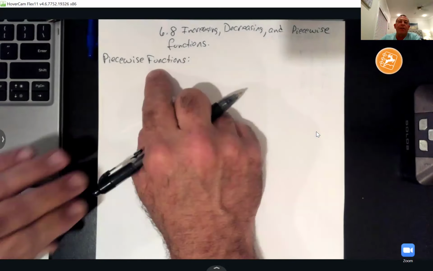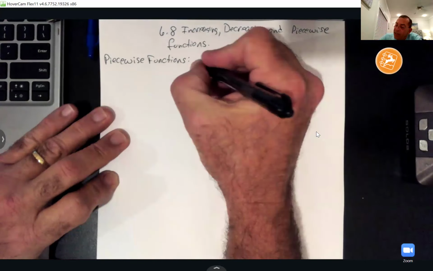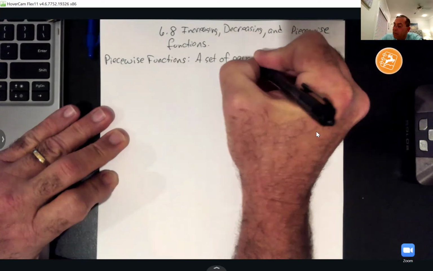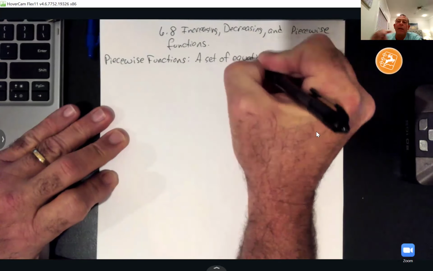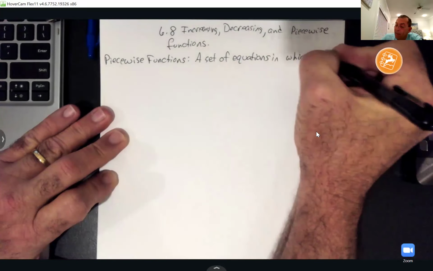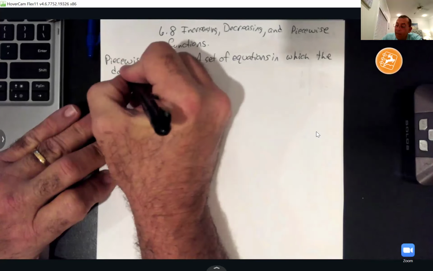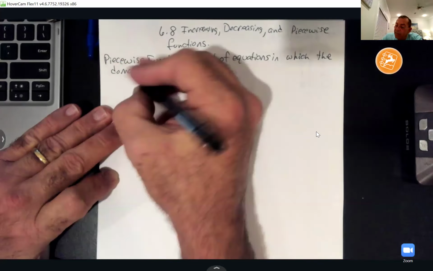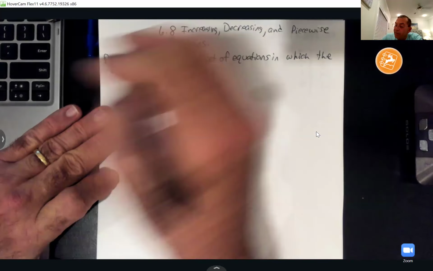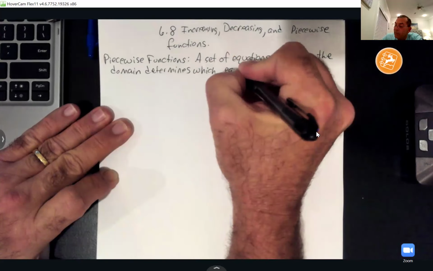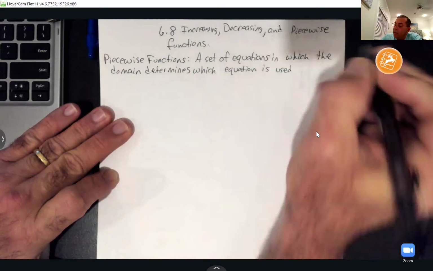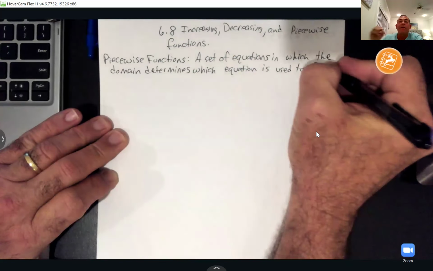But the actual definition of a piecewise function, it's going to be a set of equations in which the domain determines which equation is used to find the function value.